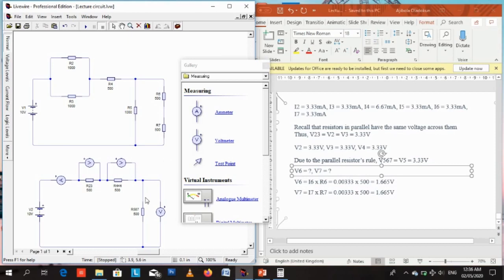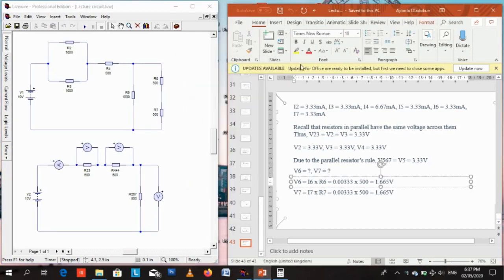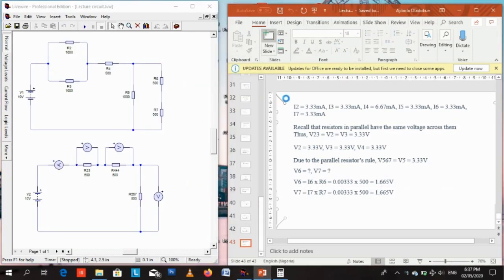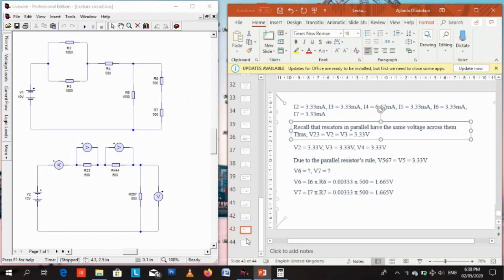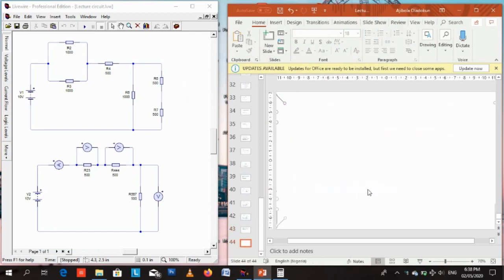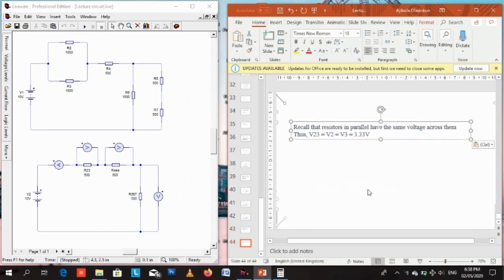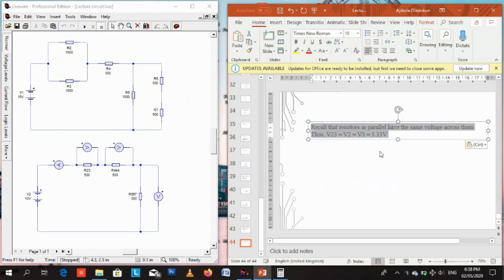So we are able to determine basically almost all the voltages and the currents in this circuit. Remember, don't get confused by that. V567 appeared across R6 and R7 together.